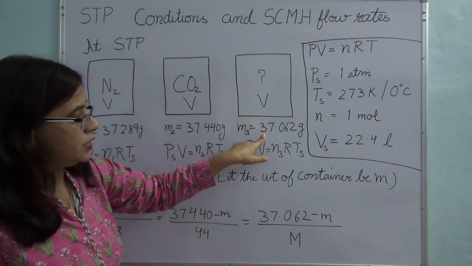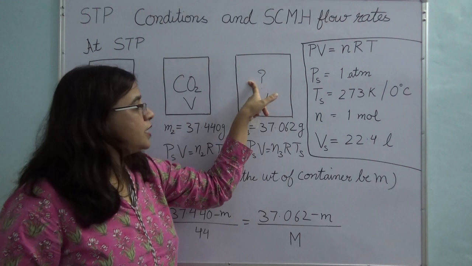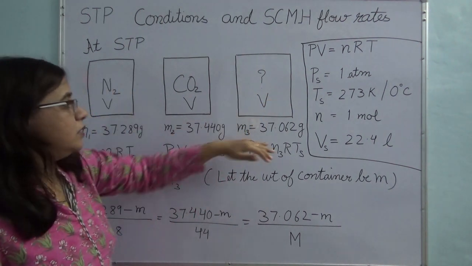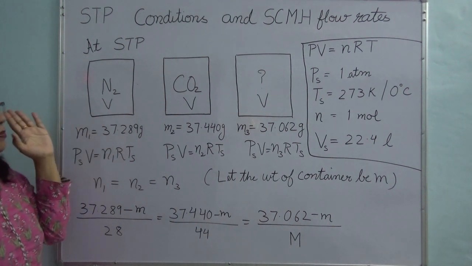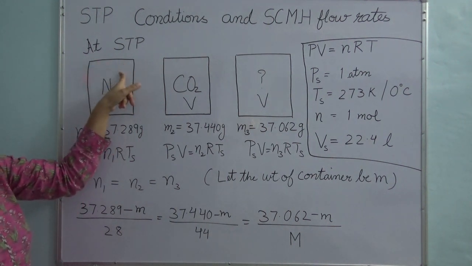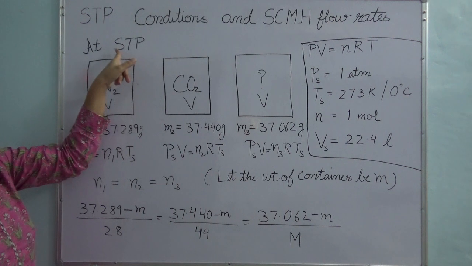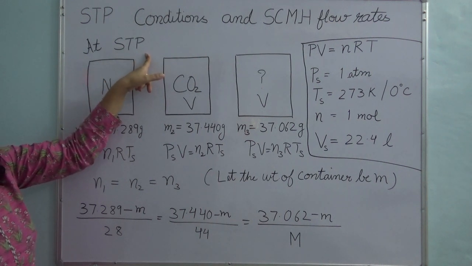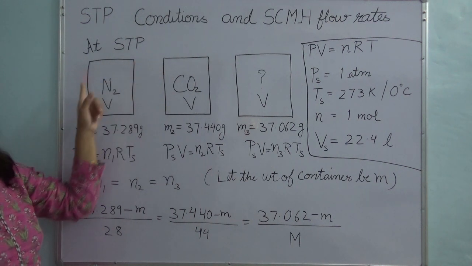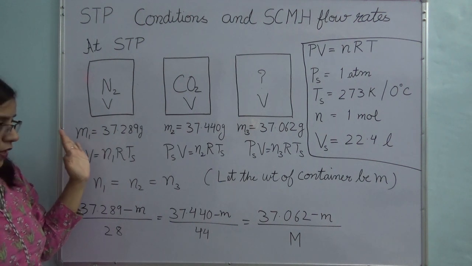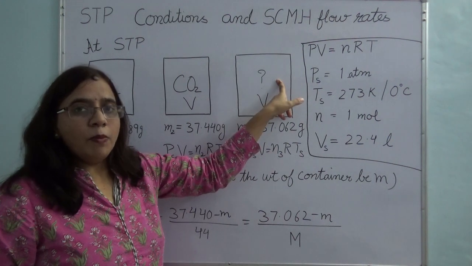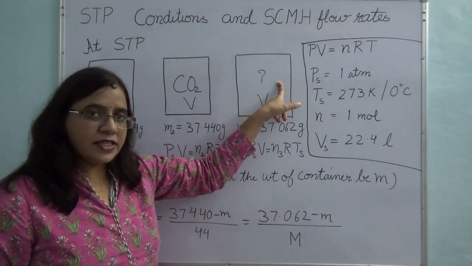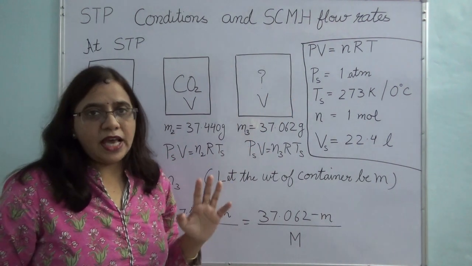This is weight of container plus weight of unknown gas. Further, the problem tells you that this gas is at STP, that means it is at standard temperature and pressure of 0 degree centigrade and 1 atmosphere. Now they are asking you to calculate what is the molecular weight of this unknown gas and if you can identify which gas this is.